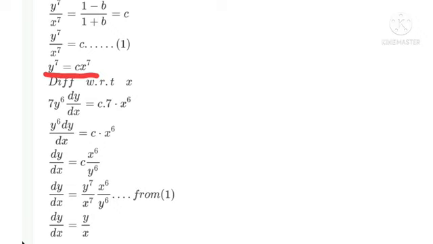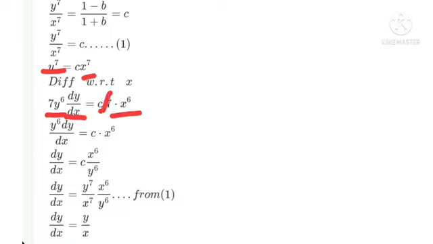Differentiate with respect to x. We get, what is the derivative of y raised to 7? 7 y raised to 6 into dy by dx. c is the constant term. What is the derivative of x raised to 7? 7 into x raised to 6.